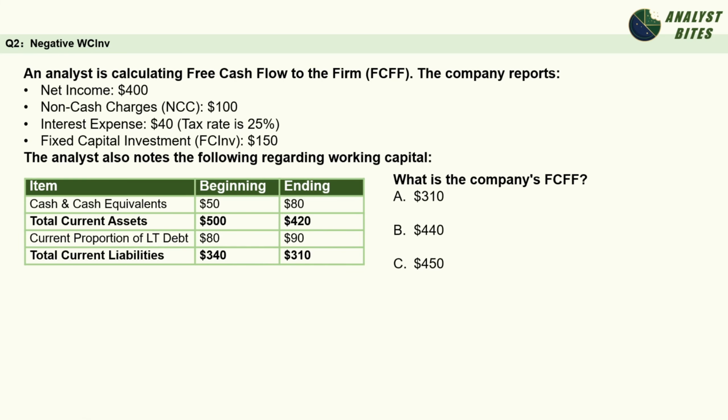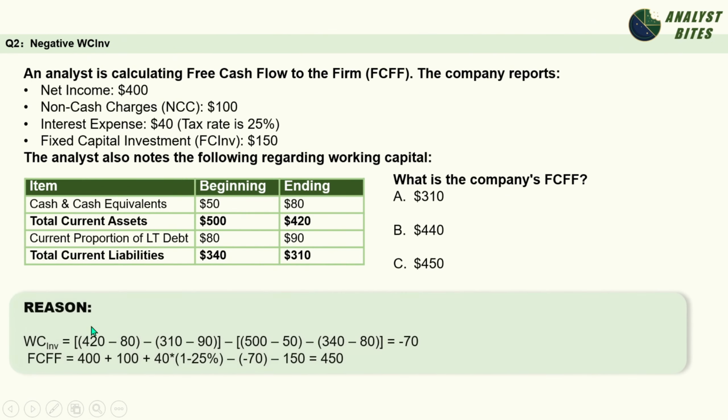Our strategy? Strip away the noise. For each year, working capital equals current assets minus cash, subtract the current liabilities minus debt. Run the numbers, and you will find the working capital is negative 70.